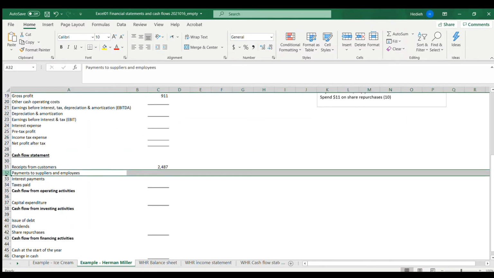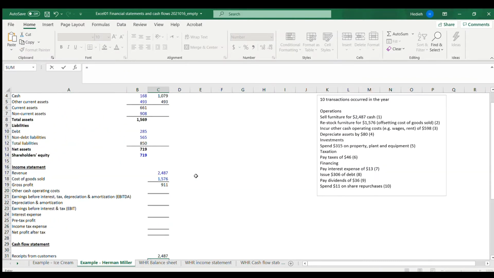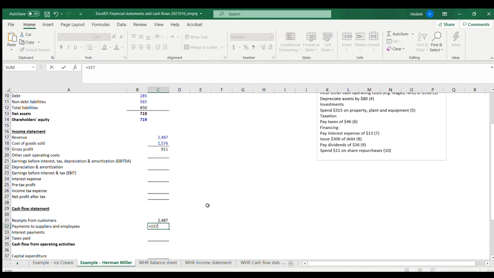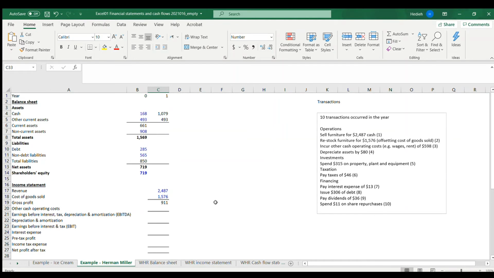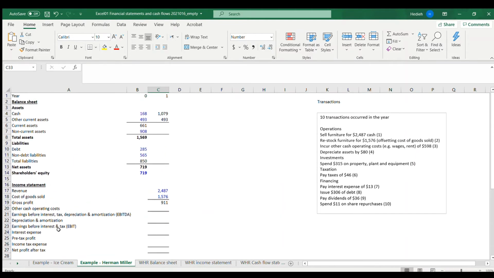So this is a payment to suppliers, right? So we should consider it here, and the amount is $1,576. Okay, so again, we updated all three financial statements for this transaction.